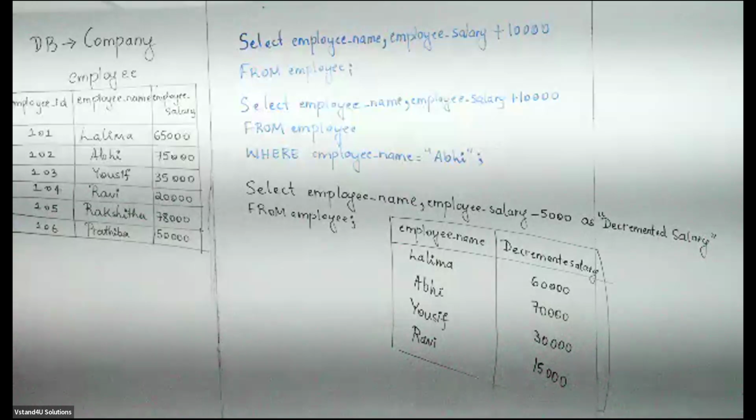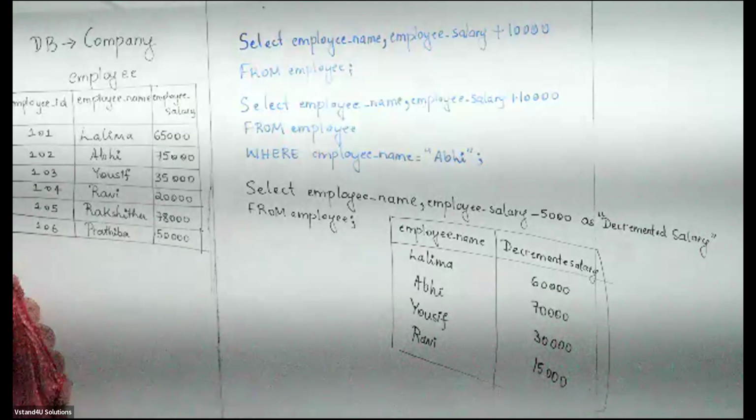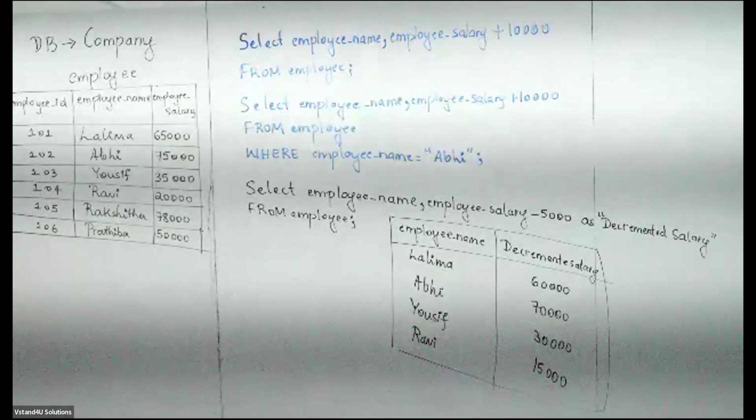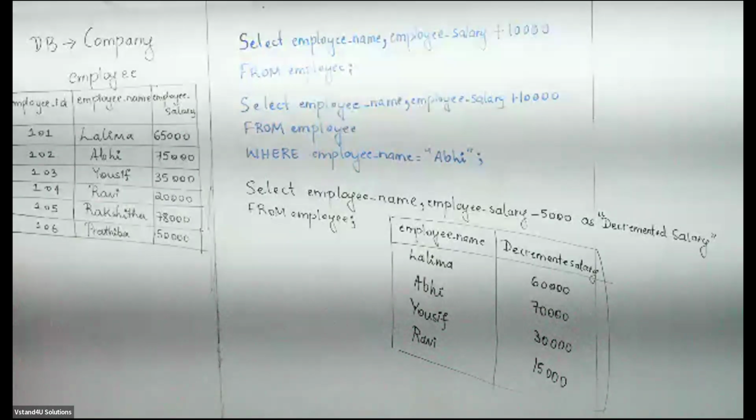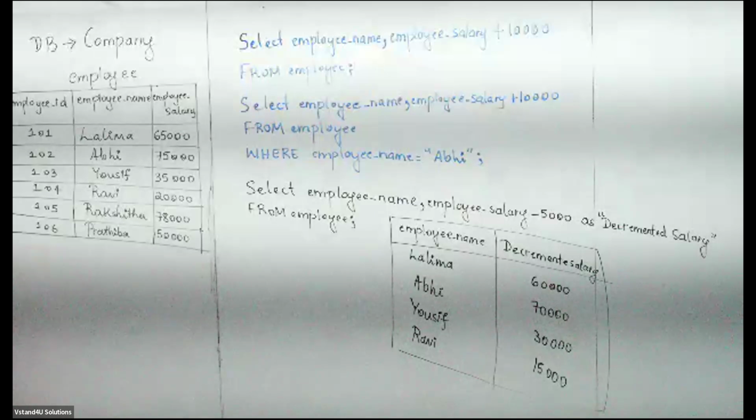In a year, how many months? Display the employee name, employee salary, and annual salary, comma, salary multiplied by 12.